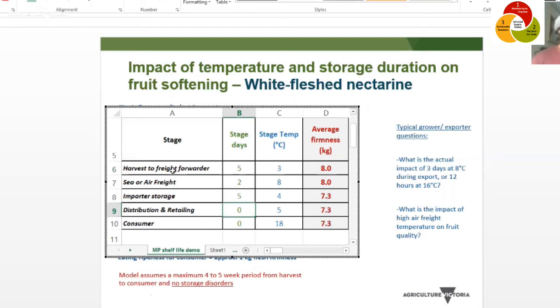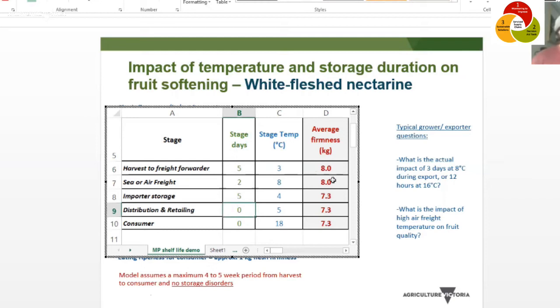What's interesting is the model is telling us that not much happens in these early stages, even at 2 days at 8 degrees and 5 days at 3 degrees. Very little. The average firmness, there's an uncertainty there, but it's probably 7.5 to 8.5 kilos.